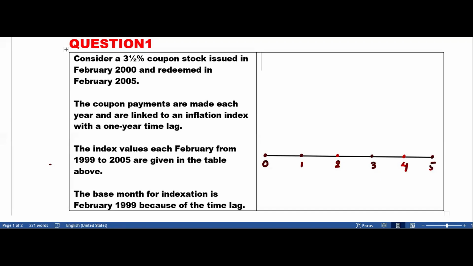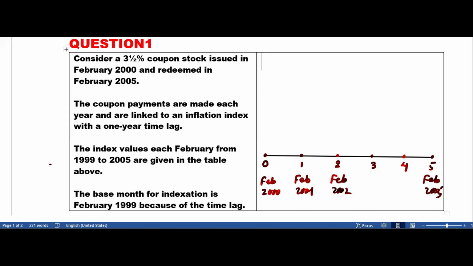Consider a 3.5% coupon stock issued in February 2000. Suppose this is February 2000, this is February 2001, February 2002, and it will continue up to February 2005. What are the coupon payments?